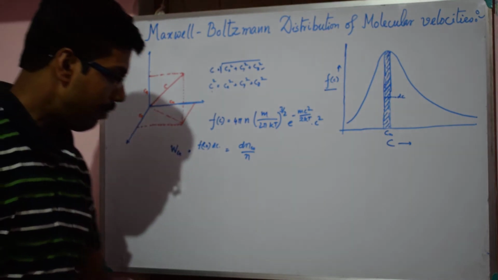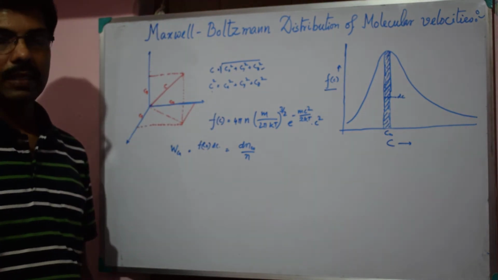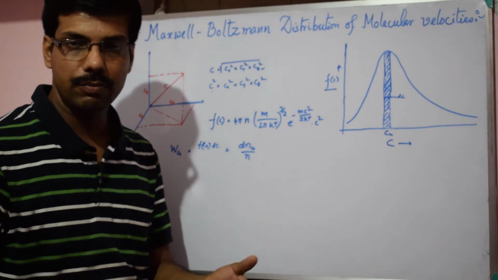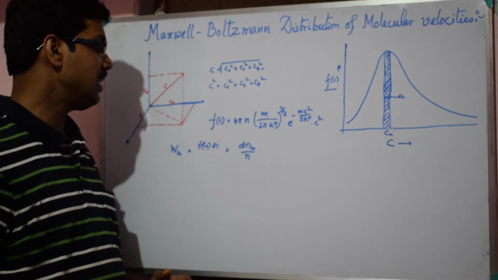This means among the total number of molecules N, the number of molecules having x component velocity in the range Cx to Cx plus dCx.